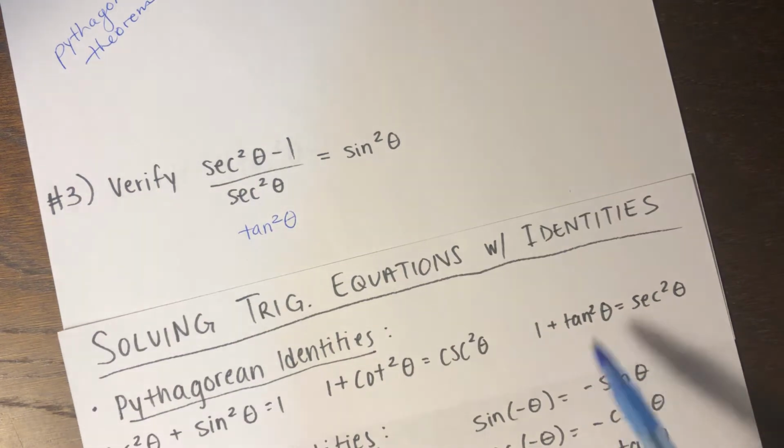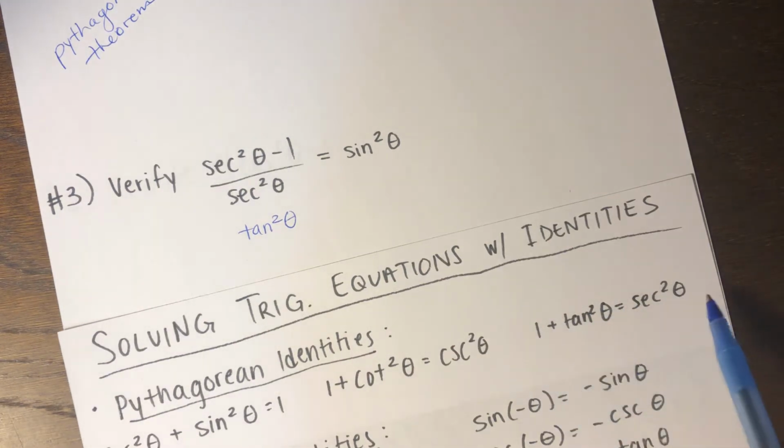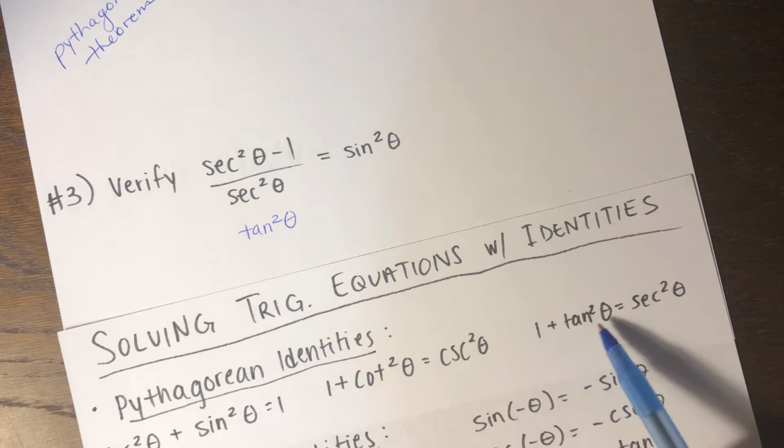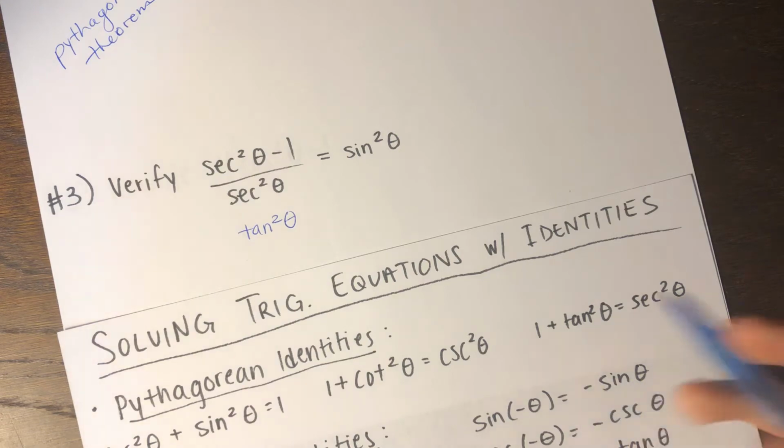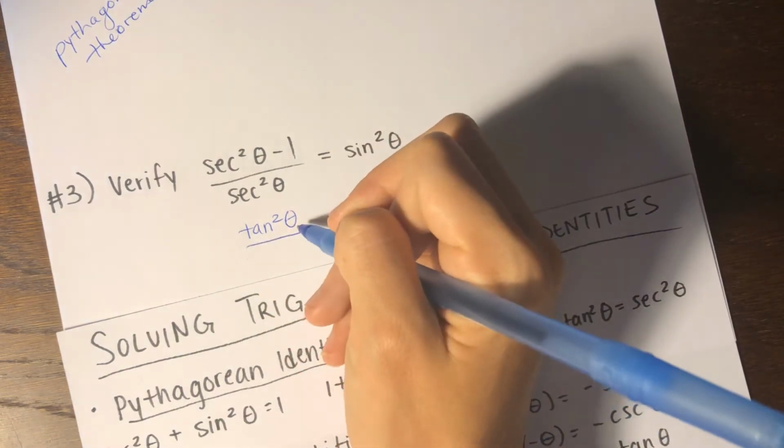So tan squared of theta is equal to secant squared of theta minus 1.